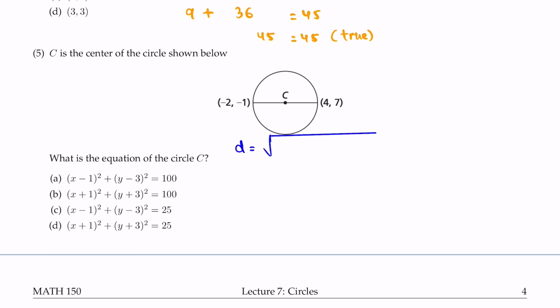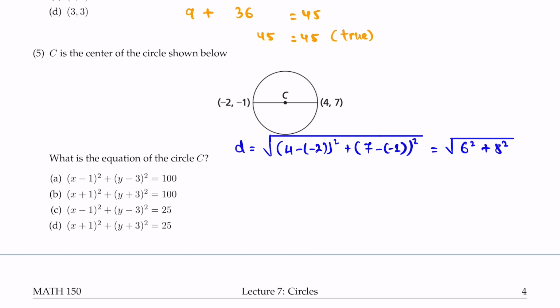To find the radius, let's find the diameter first. It's the square root of (4 - (-2))^2 + (7 - (-1))^2. So you get 4 minus -2, that gives you 6 squared. Then 7 minus -1 is 8, so you get 8 squared. 6 squared is 36, 8 squared is 64.